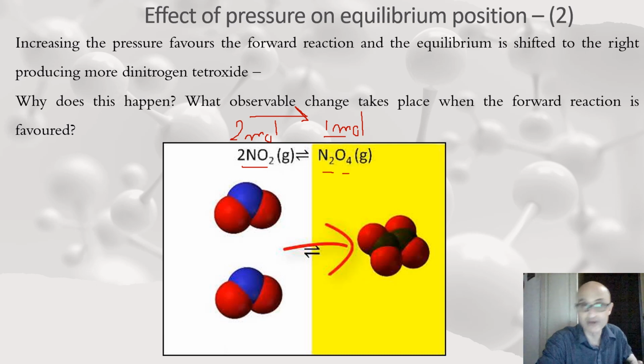So in other words, we are producing more of the dinitrogen tetroxide because the system shifts over to the right in favor of the products. And if you want to form more of dinitrogen tetroxide, increasing the gaseous pressure is one of the ways in which you can do so. Let's now move on to our next slide.